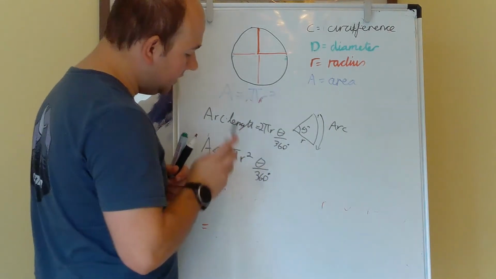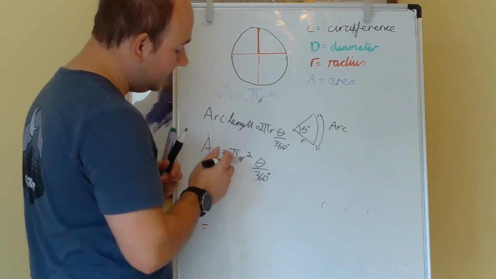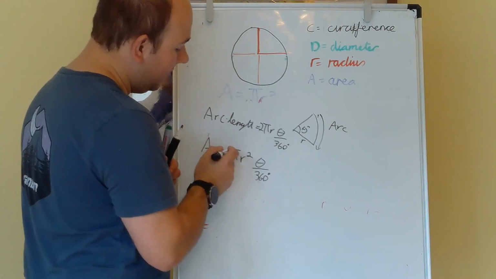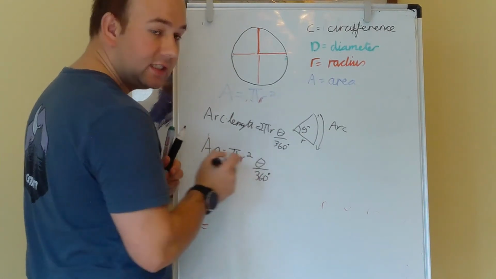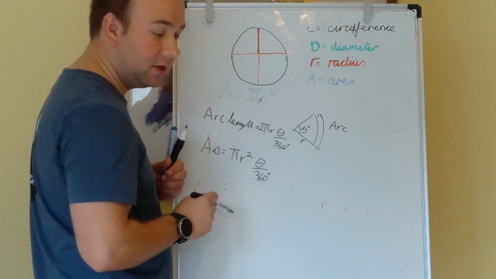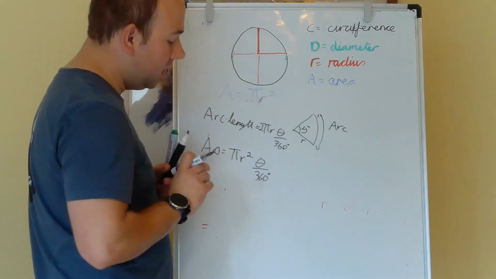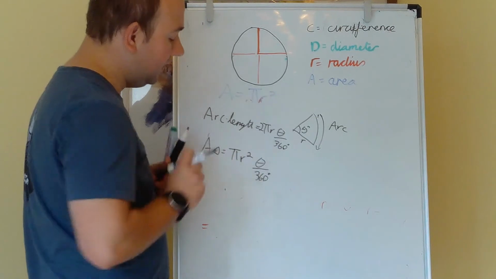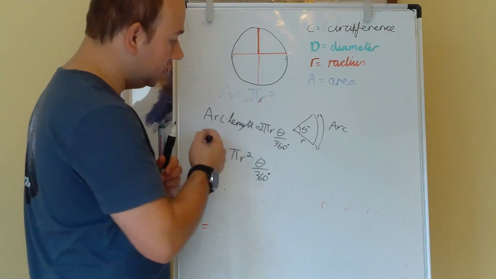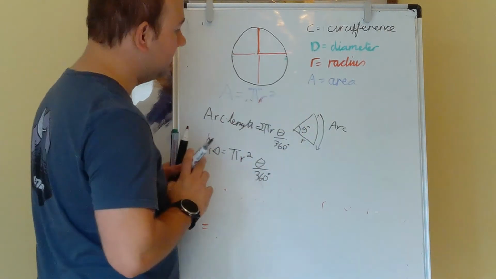And again, for the A-level students, if you're doing this in radians, the 360 is replaced with 2 pi, so the pi will cancel, and you end up with half r squared theta as the area of this section.